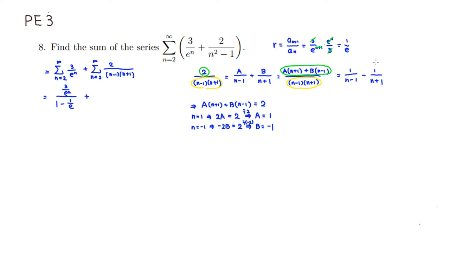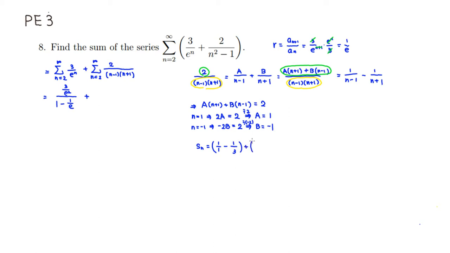Alright, so let's compute the partial sum. So partial sum Sn is equal to, we just have to write down the first few terms and the last few terms. It's going to start from 2. So it's 1 over 2 minus 1, so it's going to be 1 over 1 minus, and this is always 2 larger than that number, so 1 over 3.